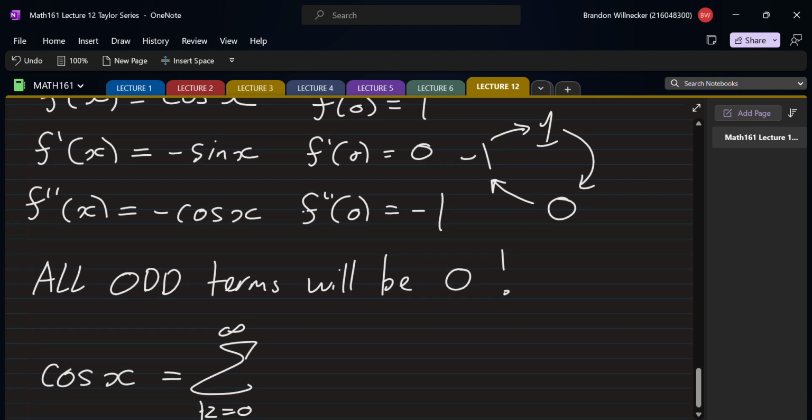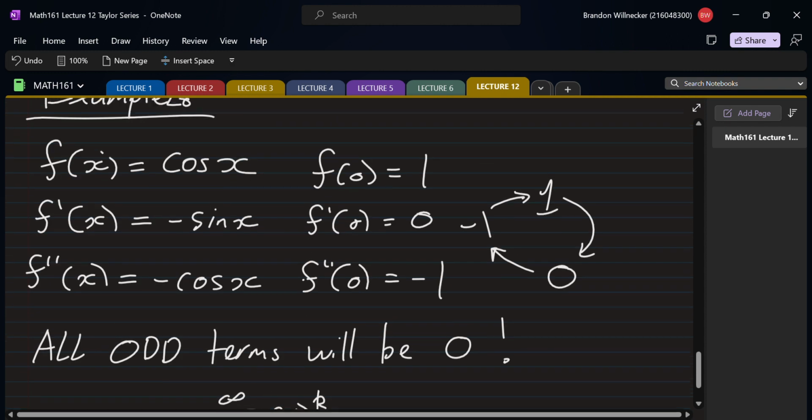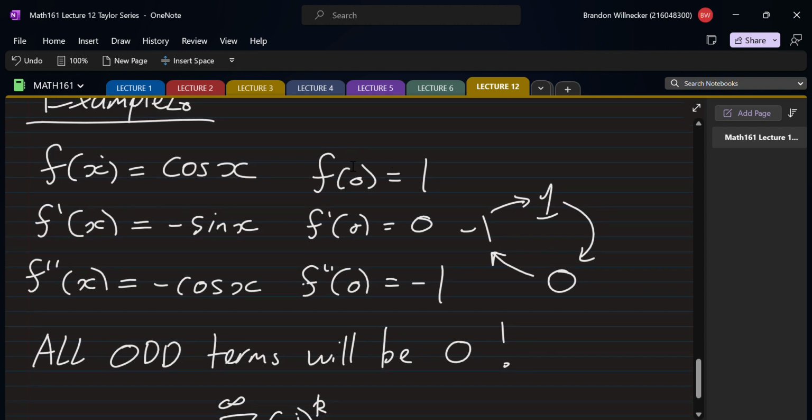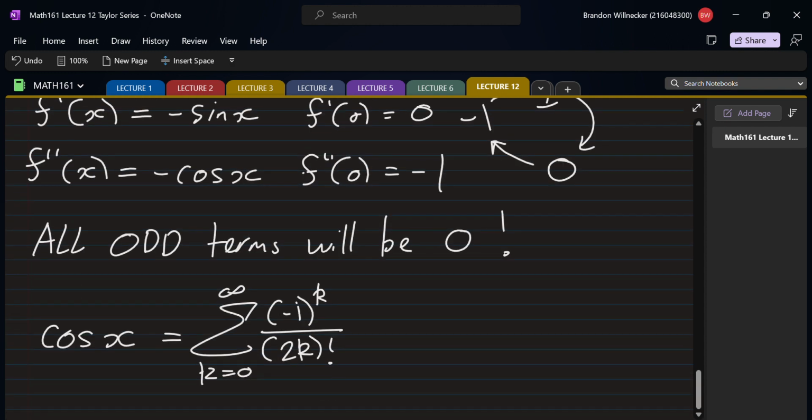To capture this alternating behavior, we can write it as minus 1 to the k over 2k factorial. If we substitute k equals 0, in the top part we get a 1, in the bottom part we get a 1, and that's the 0th derivative. If k is equal to 1, then the top part will be a minus 1 and the bottom part will be a 2, because we're looking at the second derivative. So this works out.